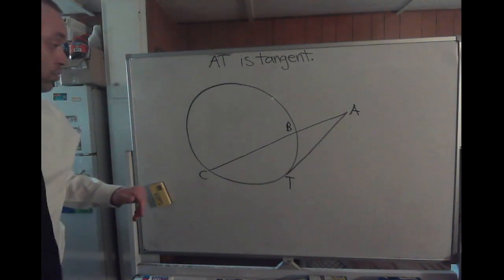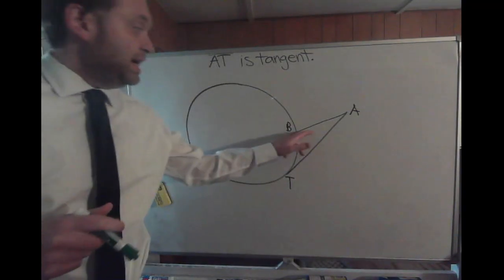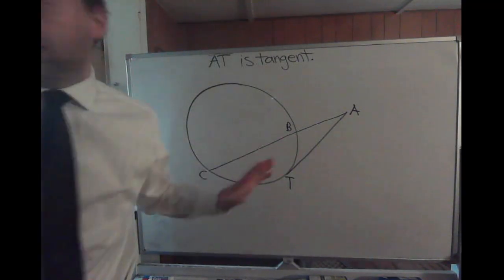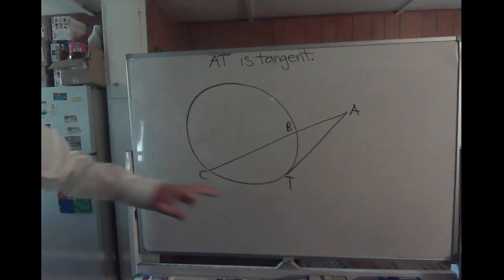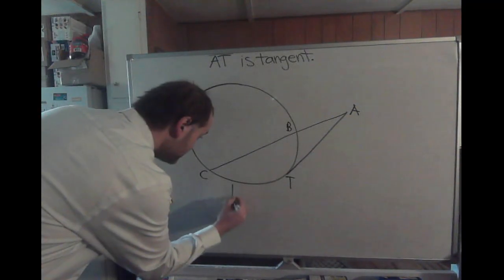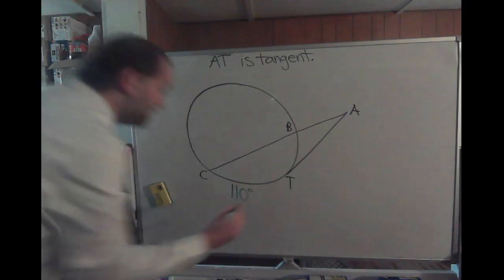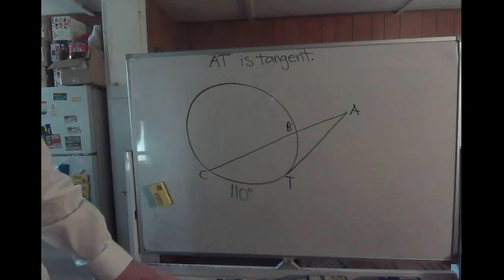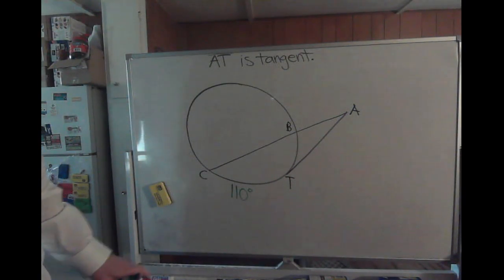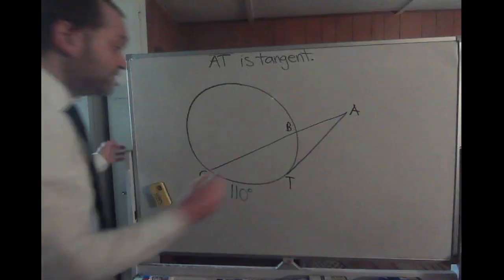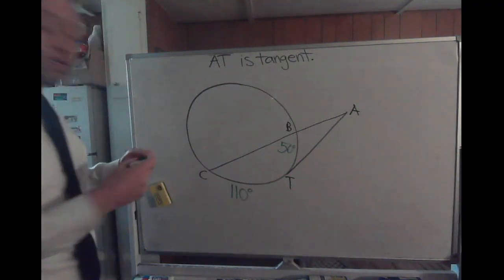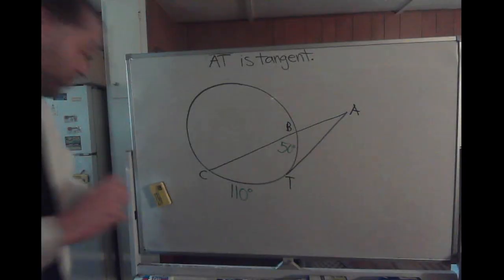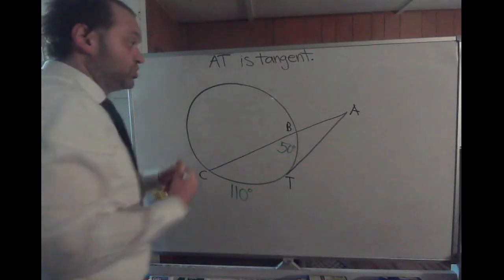So we obviously are going to need to find the angle formed by a secant and a tangent line. They give us that the measure of arc CT is 110 degrees. In this case, there's three exercises for this actually. BT has a measure of 50 degrees. So we need to find the measure of angle A, which should be pretty simple.